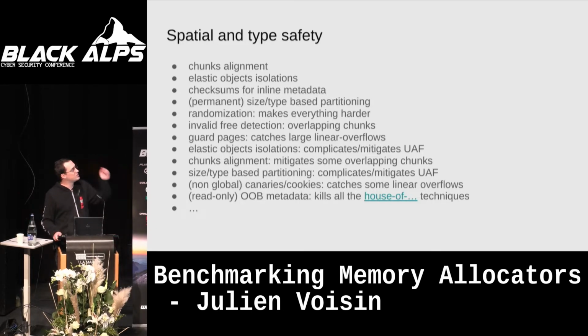There are a lot of possible mitigations. Some are good, some are bad. I think the most interesting one is to have the metadata of your chunk put somewhere else, not next to the chunk. So when there is some wiggling, like a buffer overflow, an attacker cannot override the metadata and have powerful primitives. There is also the idea of separating different types of objects.